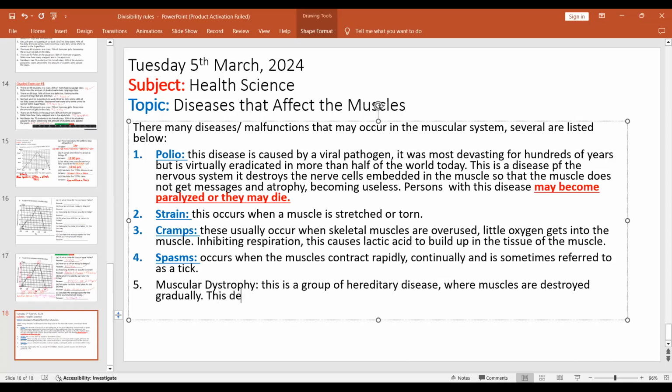This disease in some form affects all three types of muscle cells. Muscular dystrophy.